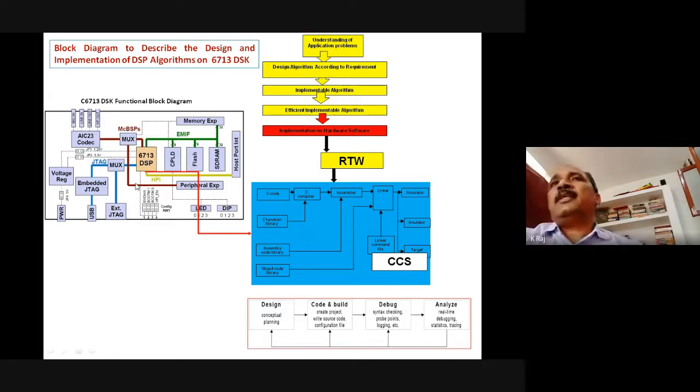Similarly, we see other ports using the JTAG, having two facilities of JTAG, embedded JTAG and external JTAG, that is Joint Test Action Group, for the purpose of emulation. One is the USB port, which has the embedded JTAG, and the second one is the external JTAG, and both signals are multiplexed here, and this multiplexing is known as the MCASP.